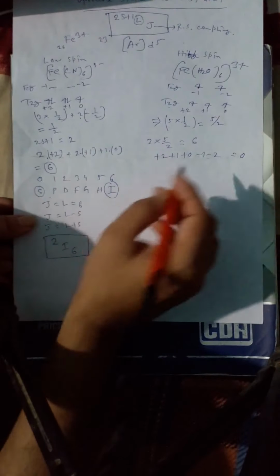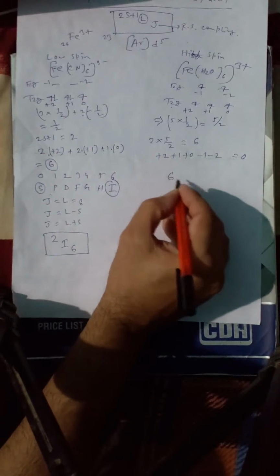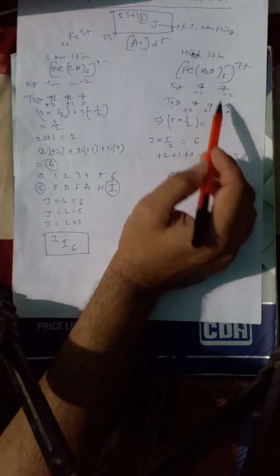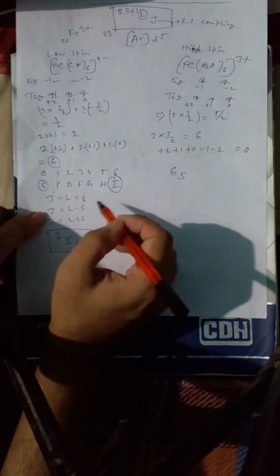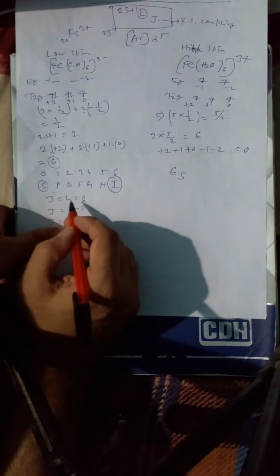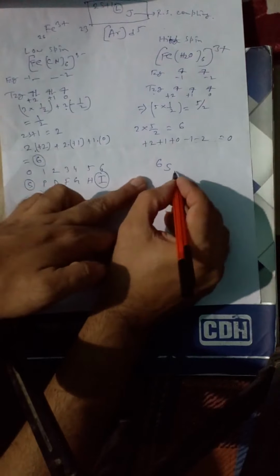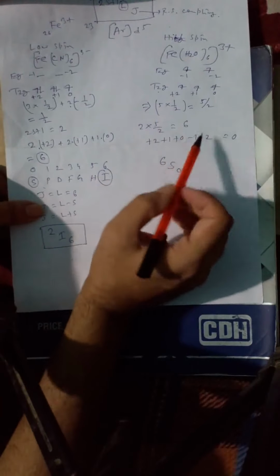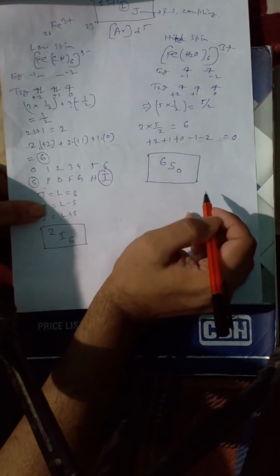So 0 stands for S. So the ground state term symbol is 6S, as it is half filled. Each has 1 electron, so the value of J will be L, and L is 0. So the ground state term symbol for high spin Fe3+ is 6S0.